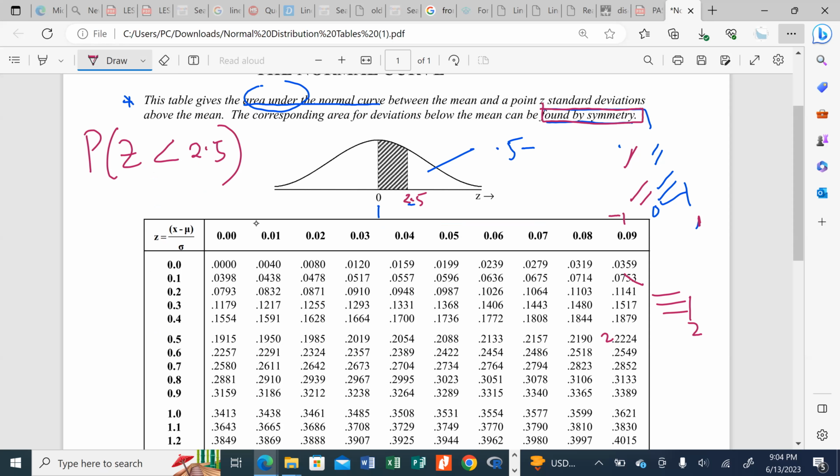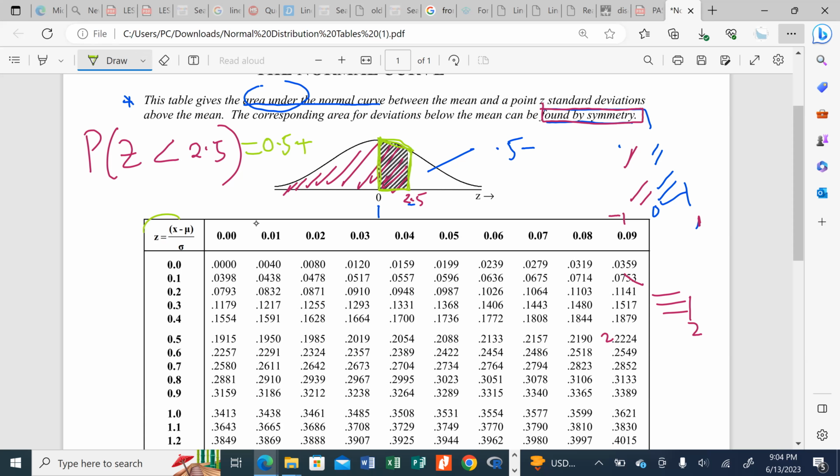So less than means you shade here and also here. But we have said that tables will give you this area only because the other part is obvious. The part that is shaded in red, we know that area must be 0.5. Then the part enclosed in green, you check it from the tables.